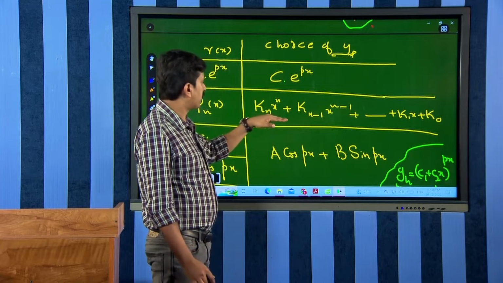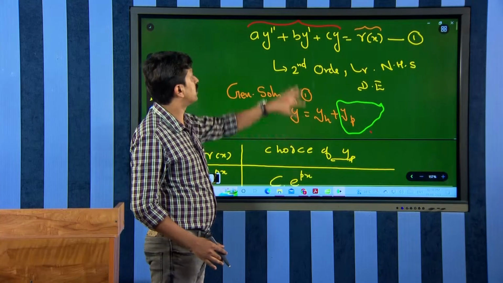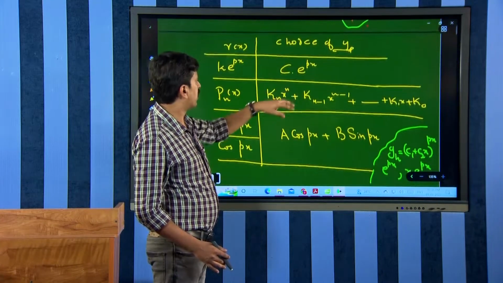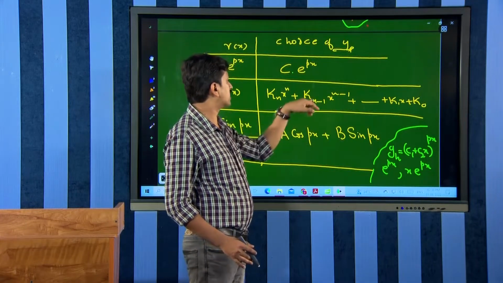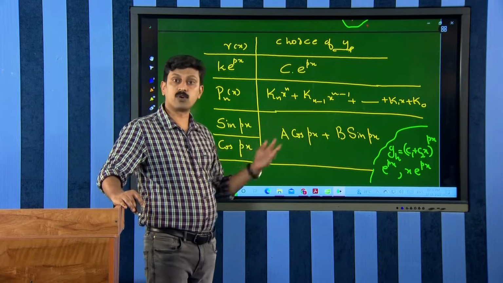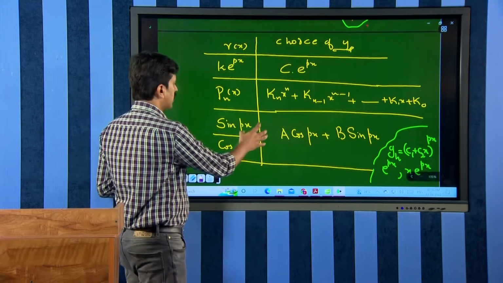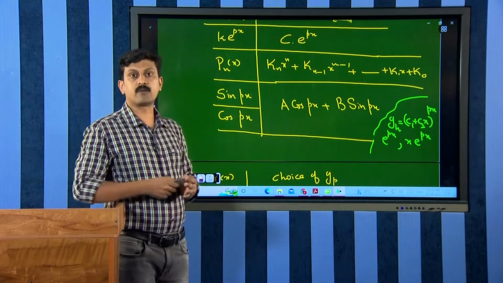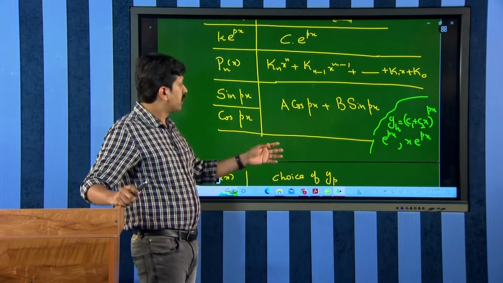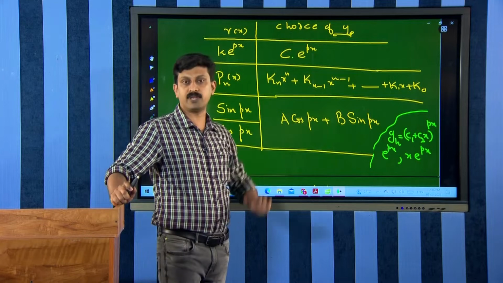We just apply yp dash and yp double dash in the original differential equation 1, and then we will get the values of k naught, k1, k2, etc., kn minus 1, kn, and so we get the particular solution yp. If r of x is a trigonometric function, of the form sin px and cos px, then the choice for yp is a cos px plus b sin px.